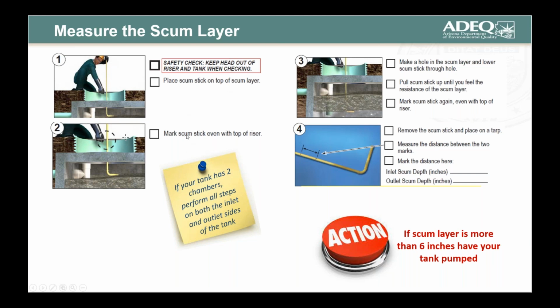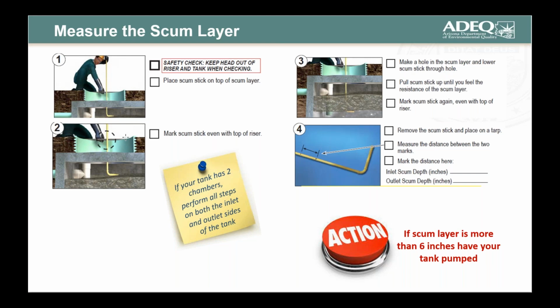You're going to mark the scum stick even with the top of the riser because you're trying to get a reference point to the top of the scum layer, and then you're going to shove it through it. Then you're going to make a hole in the scum layer and lower the scum stick through the hole.